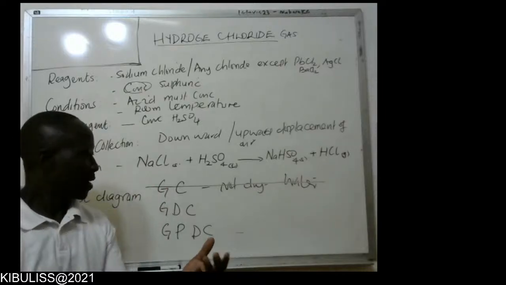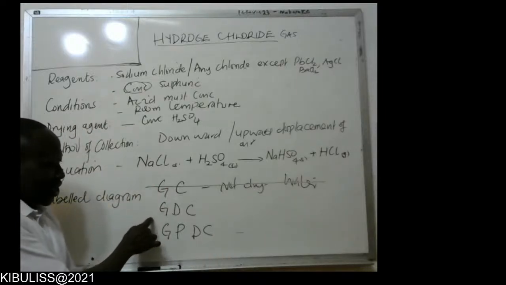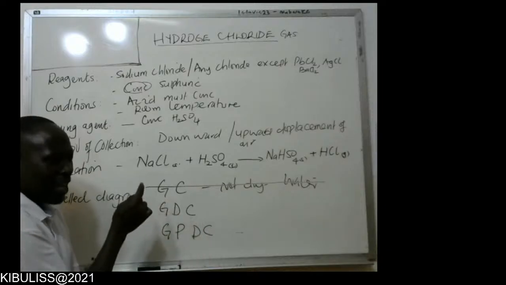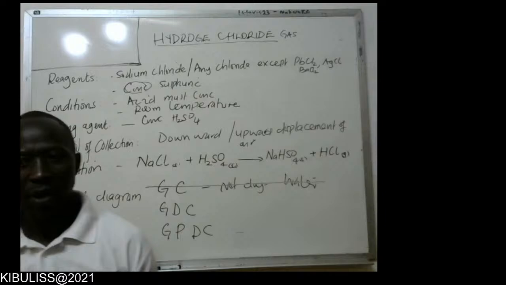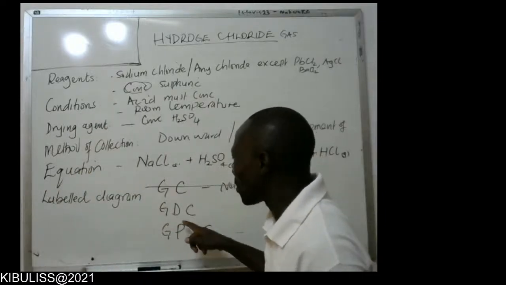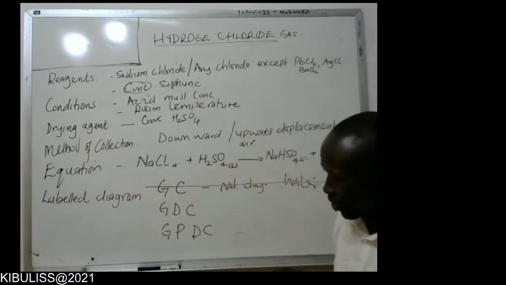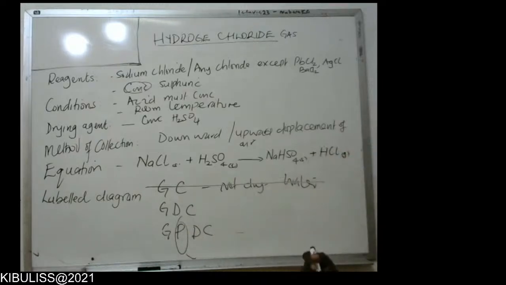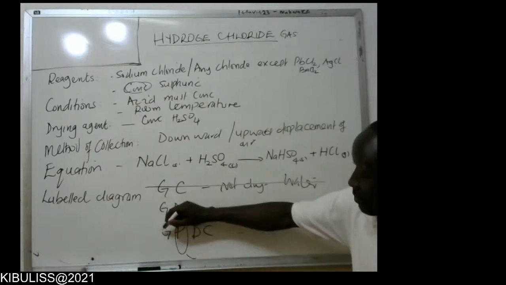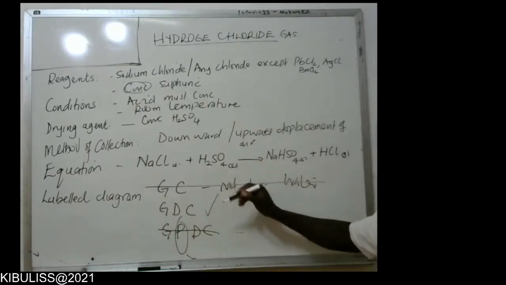GDC. Those in the studio are saying GDC. Generate, dry, and collect. Why not generate, purify, dry, and collect? Purification requires what? Water. And this gas and the water cannot be separated. So the method is GDC.